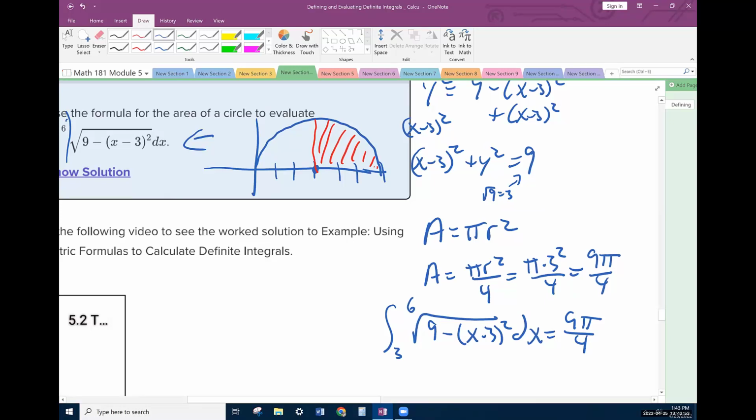And that's it. That wasn't so bad because we have geometry to fall back on. The next one's very similar.